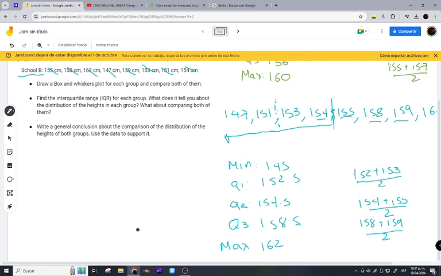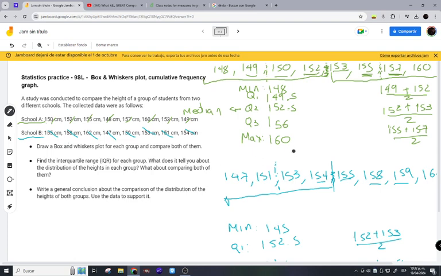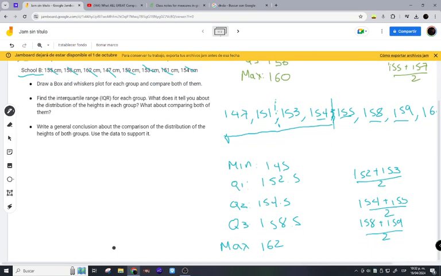Okay, if it's a white canvas like this, it's okay, but if you have gridded paper, be as accurate as possible.